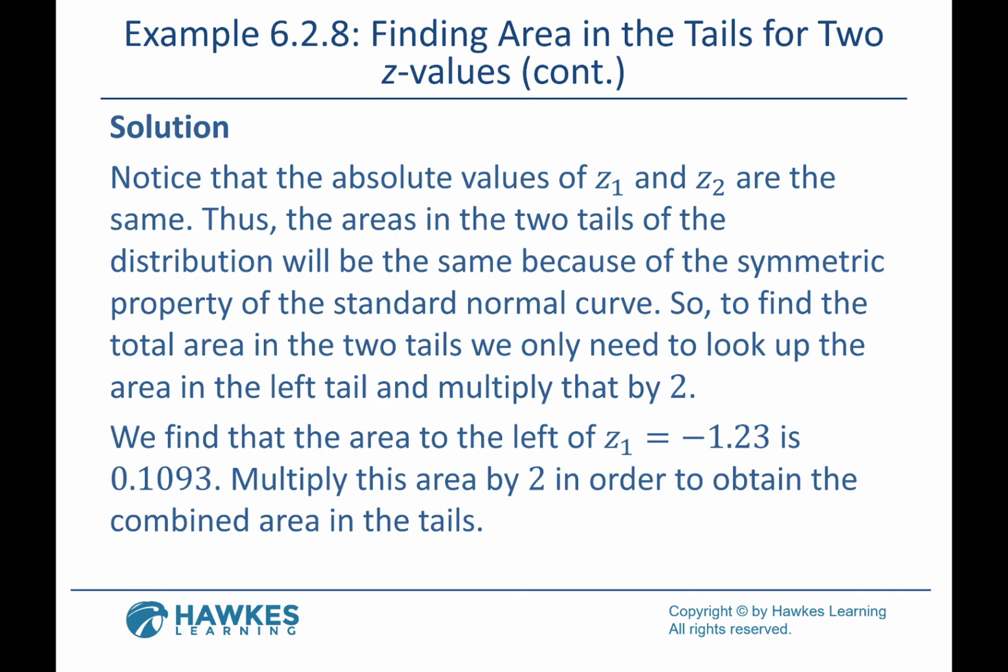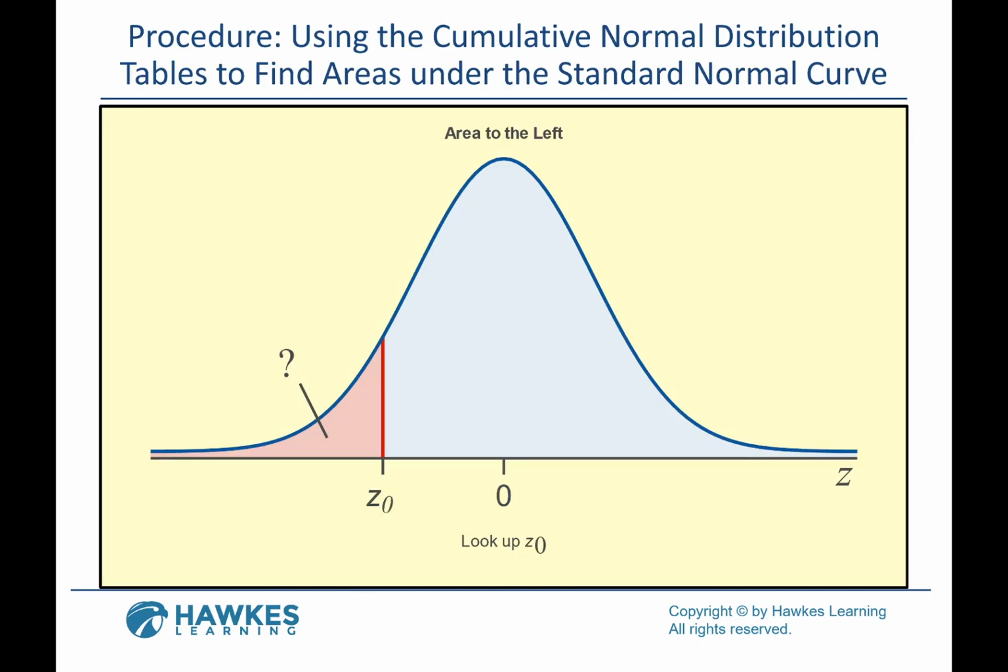hang on, one last time here. I got these 4 slides in, if you need them. So area to the left, the subscripts didn't work, and I couldn't fix it because this is how it came out of the book. You just look up the z value for area to the left.